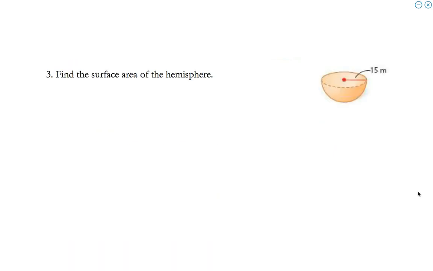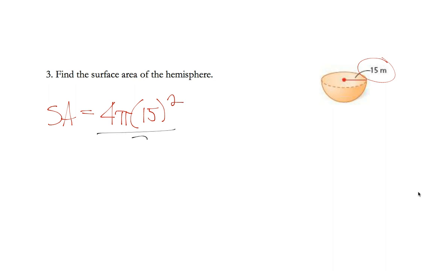Hemisphere. So we're going to pretend like it's a sphere. We see the radius. So surface area equals 4 pi r squared. And then we're going to divide that in half.